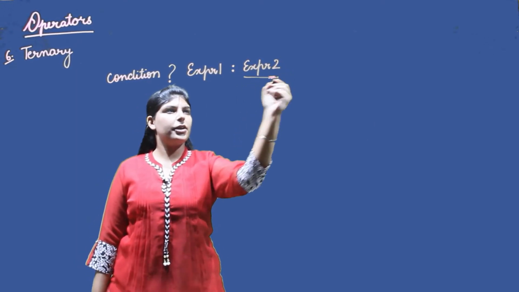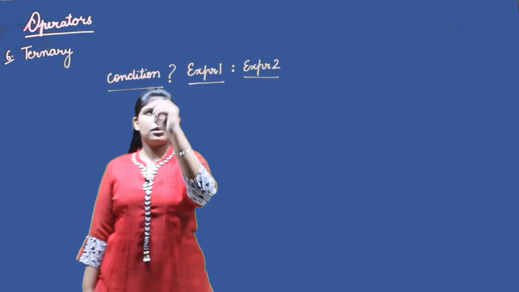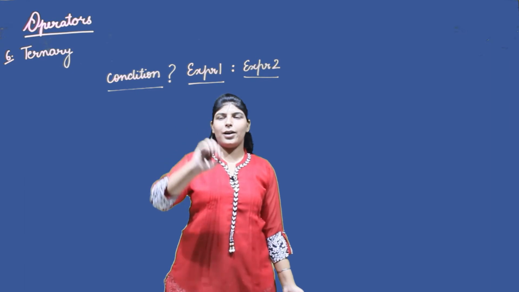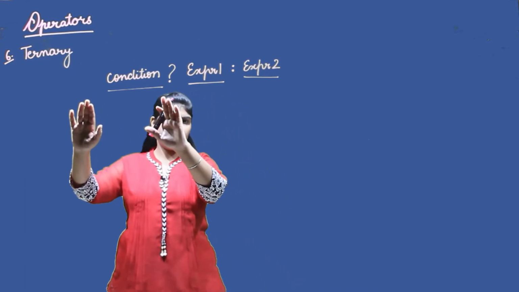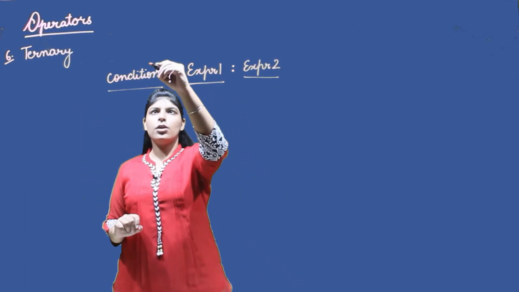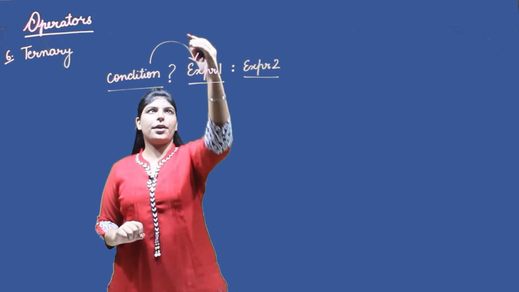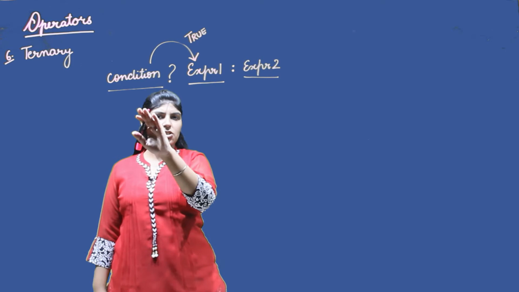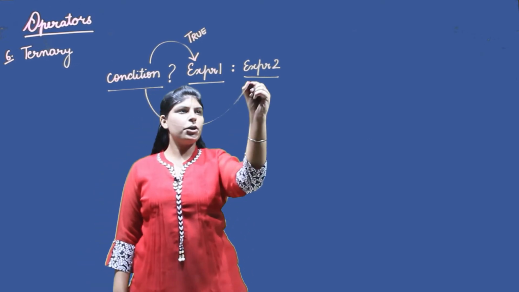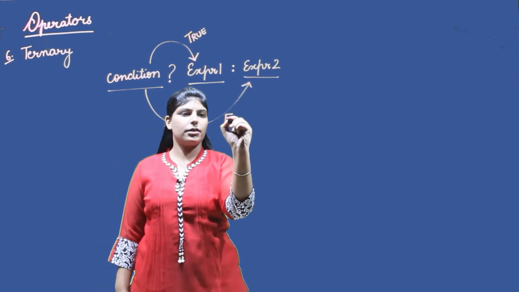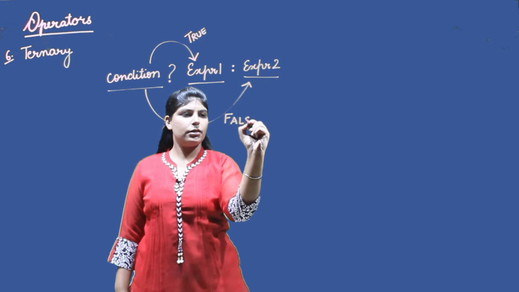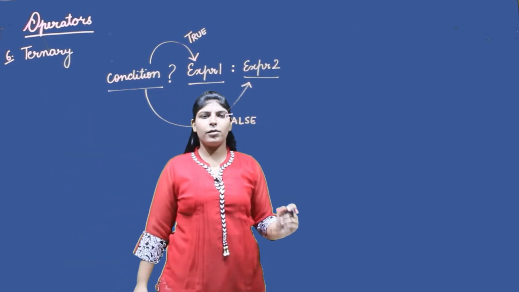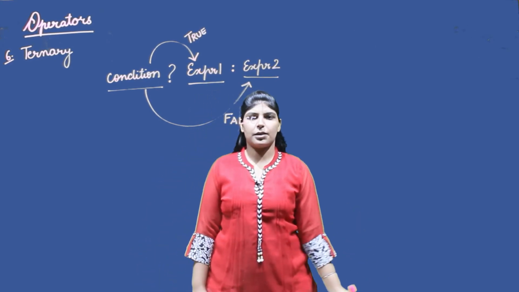So these are the 3 operands used: condition, expression 1 and expression 2. How does this evaluate? First we check this condition. If this condition is true, we execute expression 1. If this condition is false, we move on to expression 2 and execute it. So this operator is a one-line replacement of if-else statement.